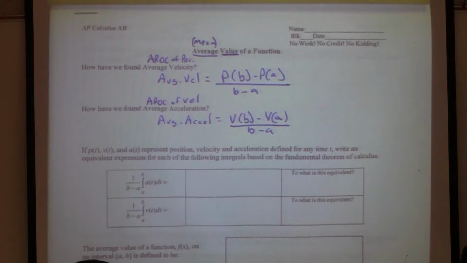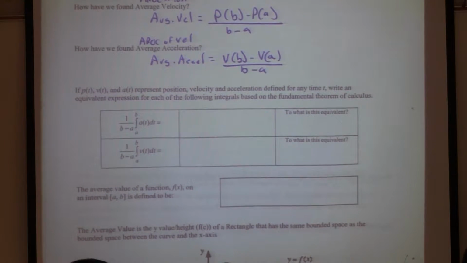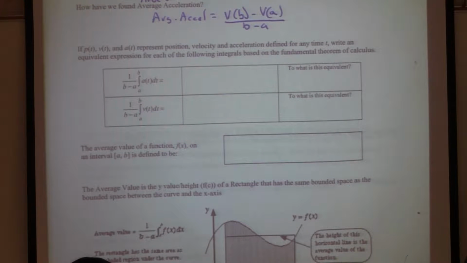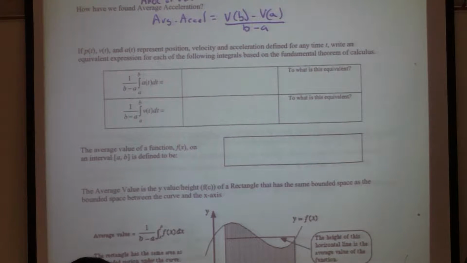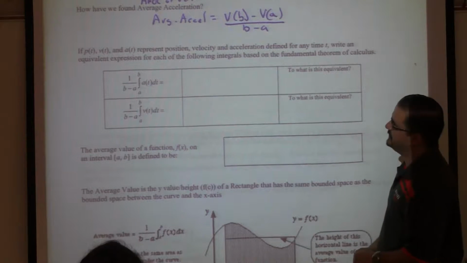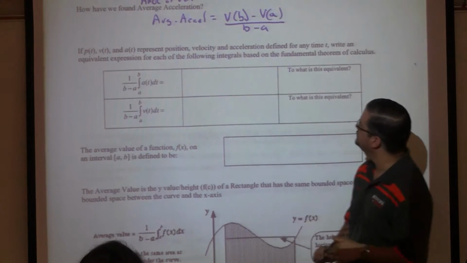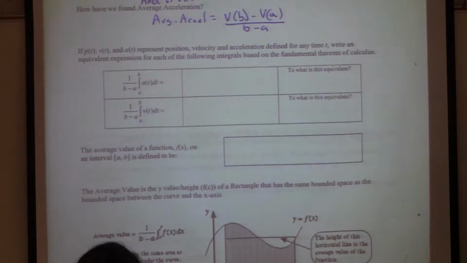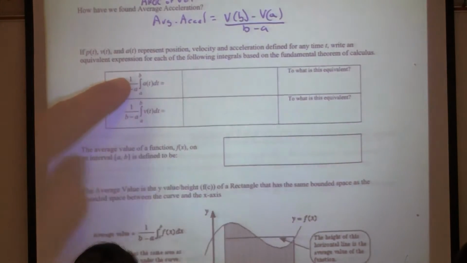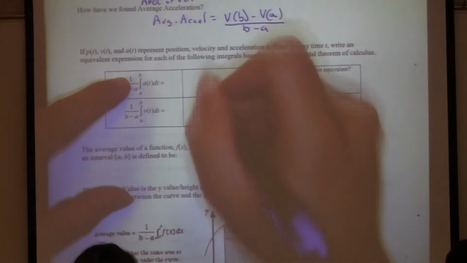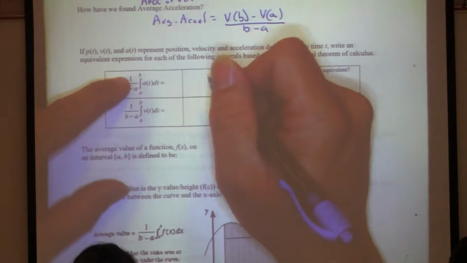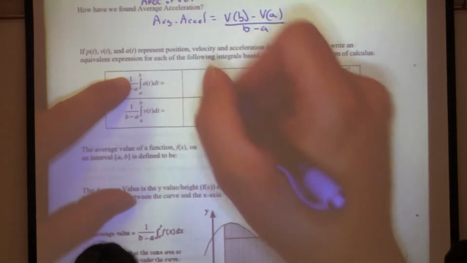Alright. So let's say that P of t, V of t, and A of t represent position, velocity, and acceleration for any time t. They want you to write the equivalent expression for each of these, okay, based on the fundamental theorem of calculus. So according to FTC, when I integrate A of t, what should it give me? What's the antiderivative of acceleration?